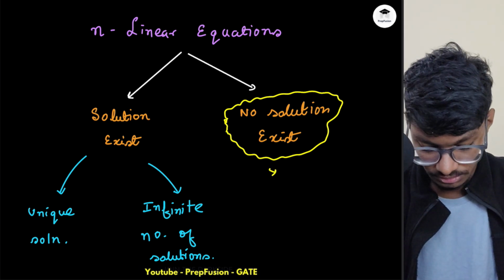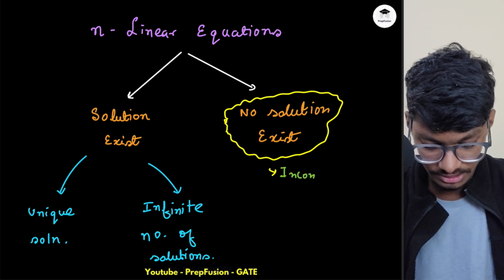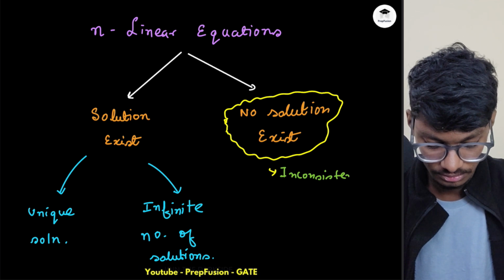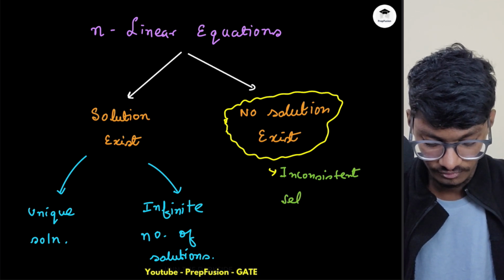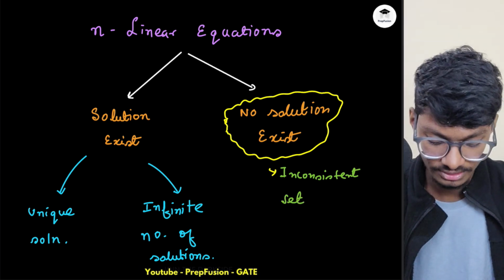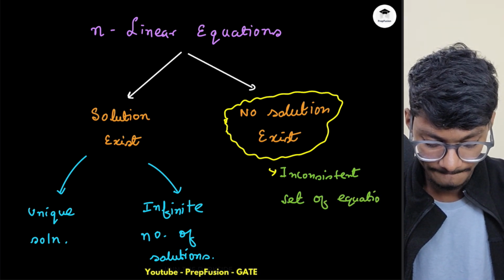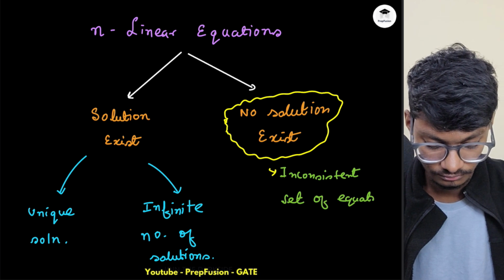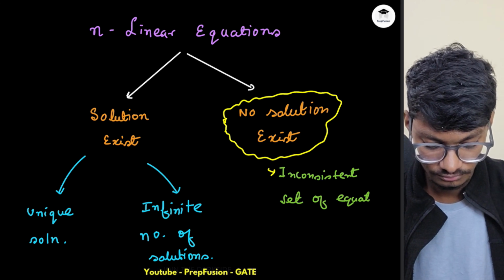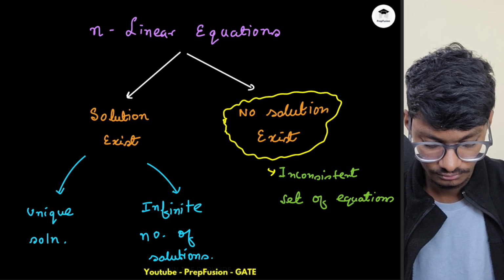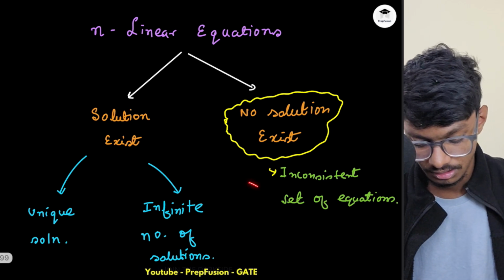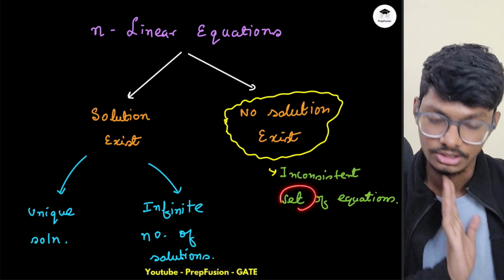Let me write in a different color. Inconsistent set of equations, because it is a set, right? They have to satisfy the set of equations. They are basically an inconsistent set of equations.